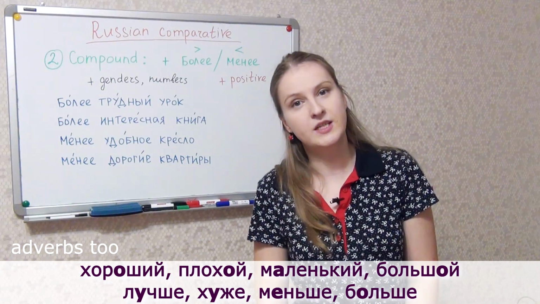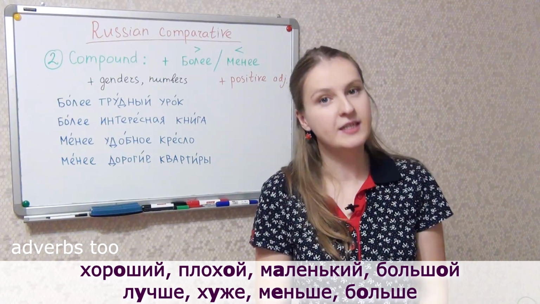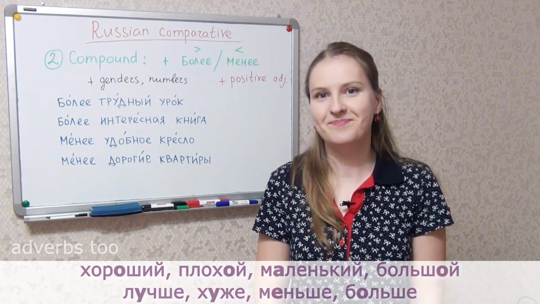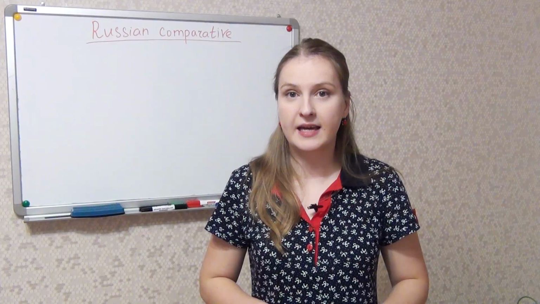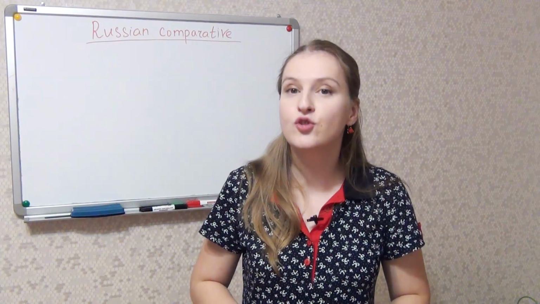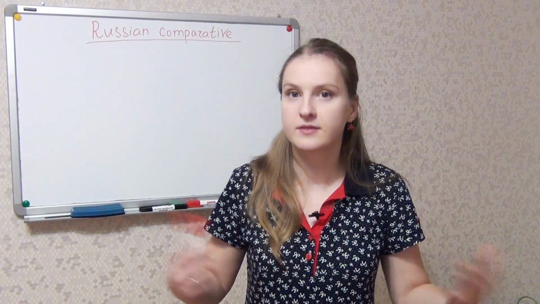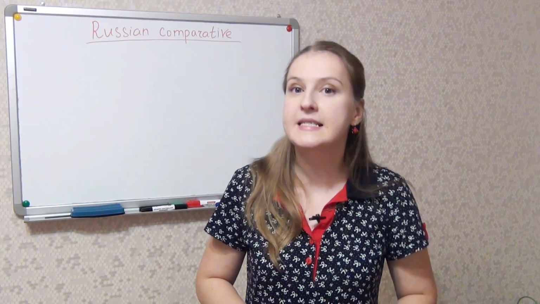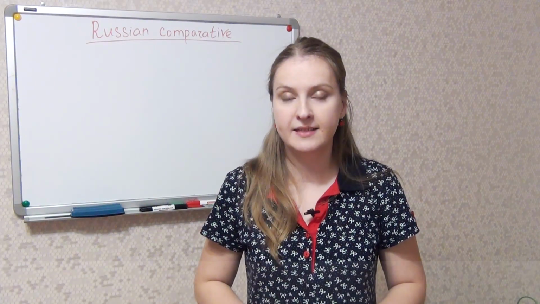Хороший – лучше, плохой – хуже, маленький – меньше, большой – больше. Do not forget that when we deal with compound comparative, we cannot drop the word чем, than, or нежели, while in simple comparative we can.